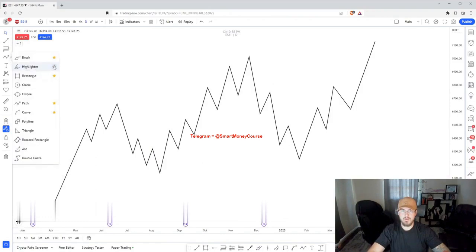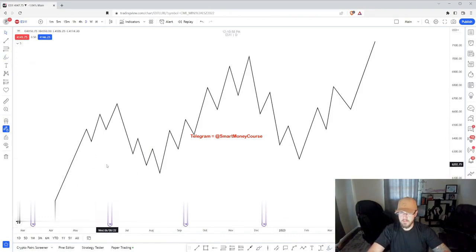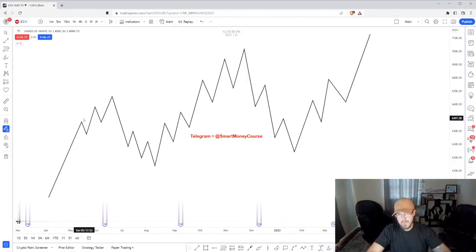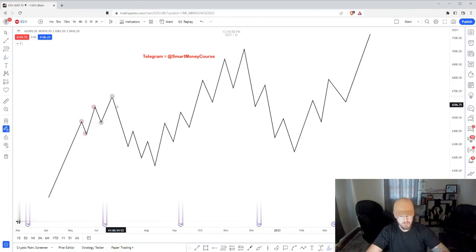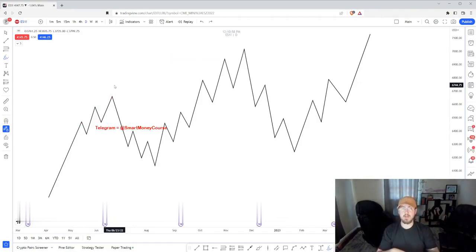Where is my highlighter? Okay, with that, we're going to pay attention to all of these highs and lows, right? In terms of just, they are structure. This is where a lot of people get confused because they say, well, that's a high. Why isn't that external? But again, we're looking at what is the bigger picture? So again, it's external structure because there is a lot of structure internal to it.